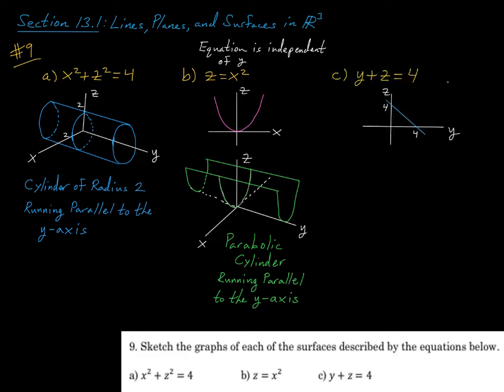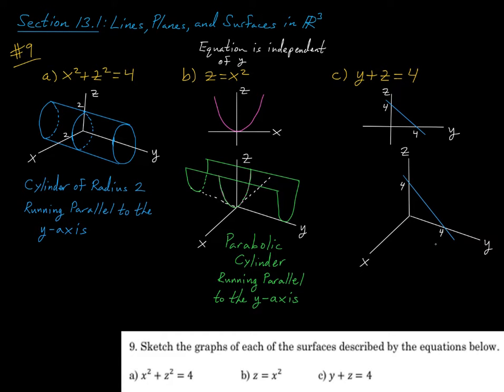Okay, and pretty similar here in the yz plane. This describes this line, okay, that has intercepts of 4 along the y-axis and then 4 along the z-axis.